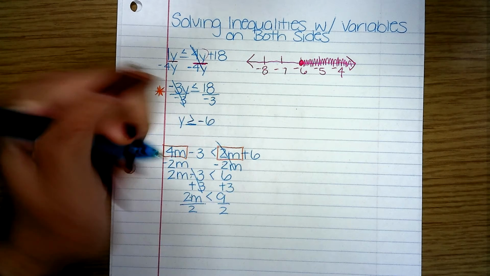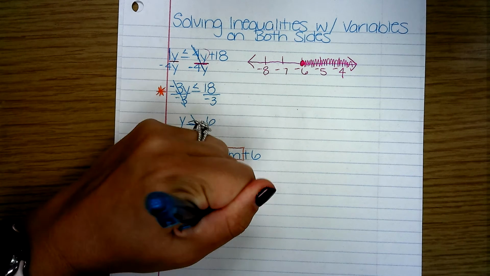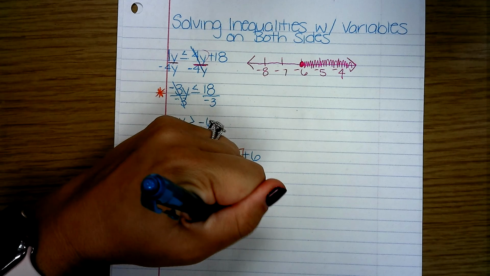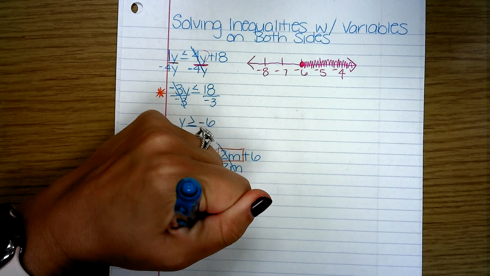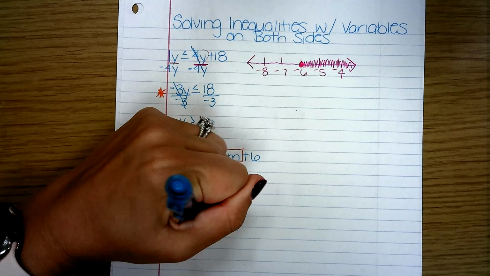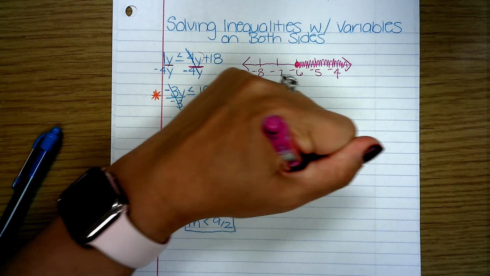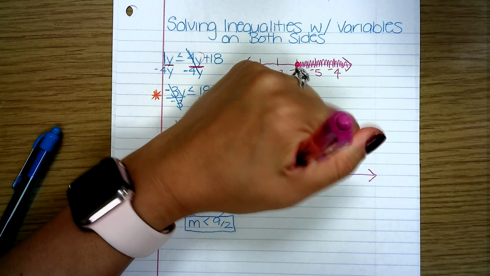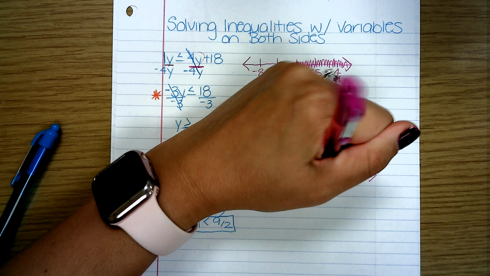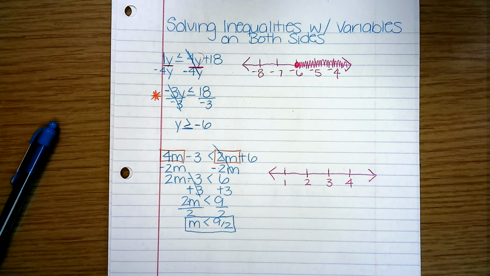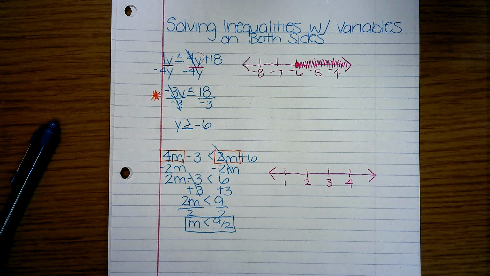And if I were to put that in my calculator, I would get 9 over 2, or 4.5. Having a fraction is okay as your answer. So 9 halves is 4.5.